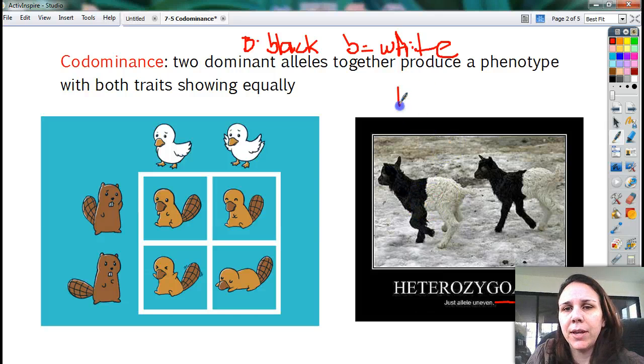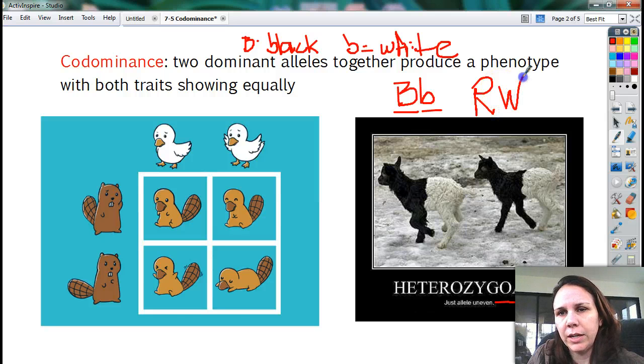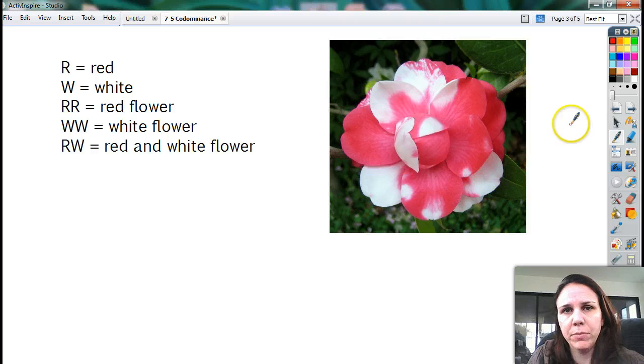It could also be like on our flowers, where it could be two different dominant alleles, and so the big R, which was red, and the big W, which was white, instead of being a pink flower, would just be a red and white flower.